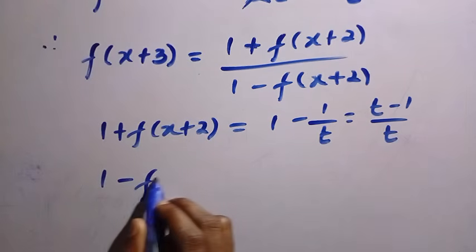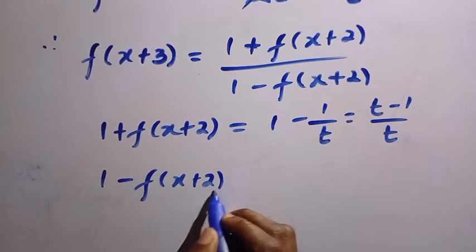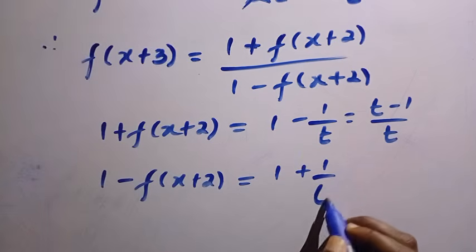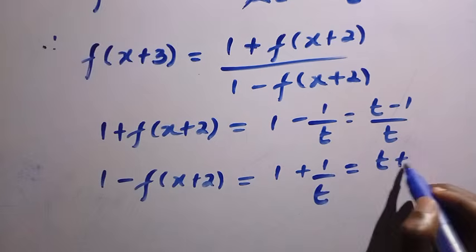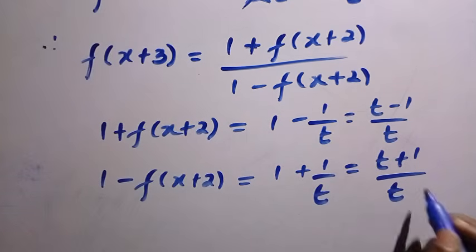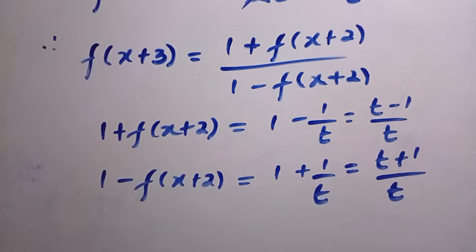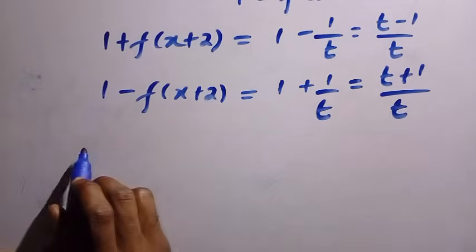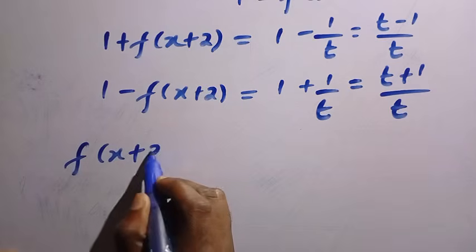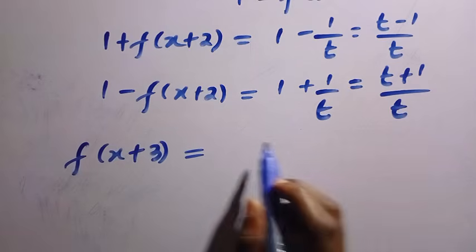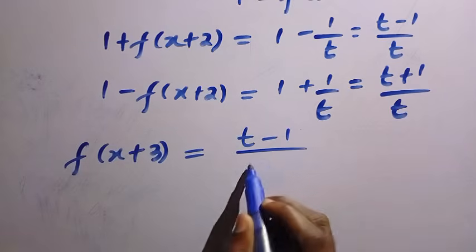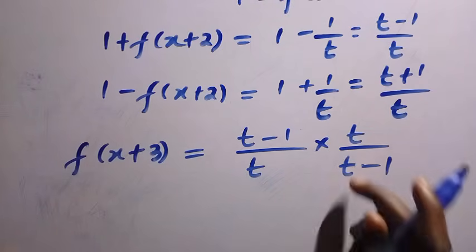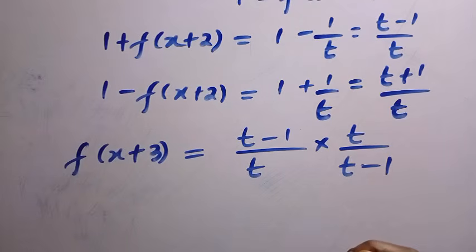Also 1 - f(x+2) equals 1 + 1/t, which is (t + 1)/t. Combining these together, f(x+3) equals (t - 1)/t multiplied by t/(t + 1), after finding the reciprocal.